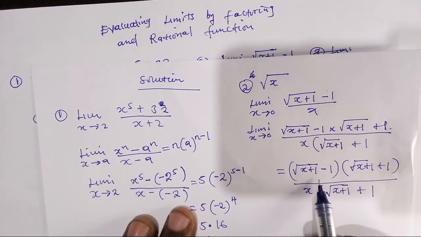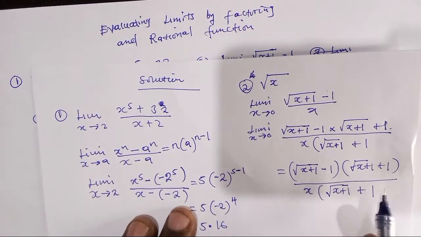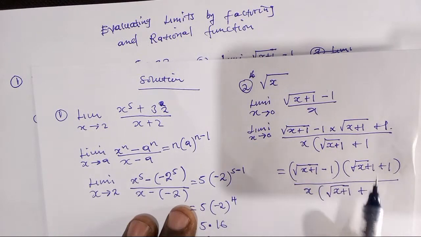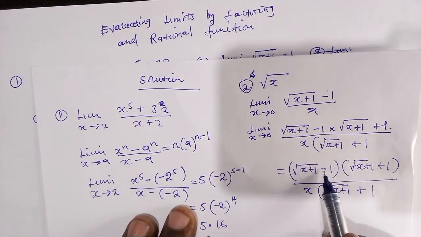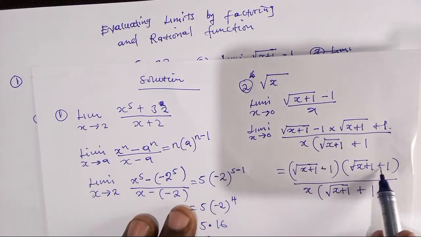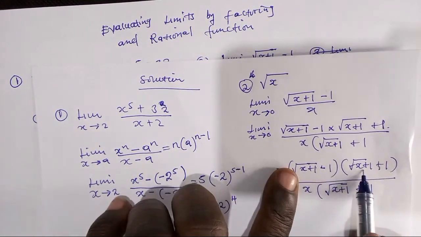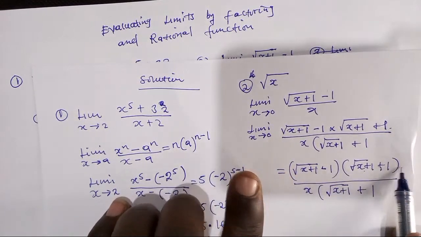If you reach here, don't waste your time expanding everything in the brackets. If you can see here, we have a negative and here a positive, so just multiply the first term with the first term and the second term with the second term.